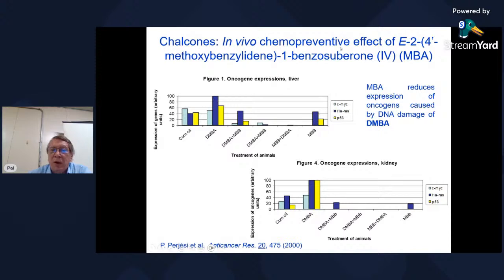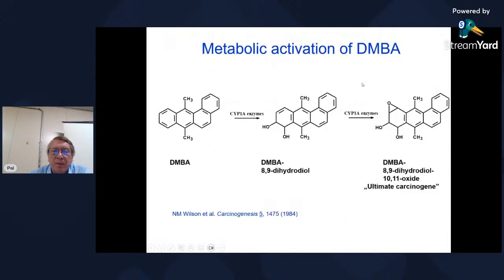Accordingly, our compound reduced the expression of the oncogenes caused by the DNA damage of the dimethylbenzanthracene. That's a new feature of our compounds, and we tried to understand what could be the molecular mechanisms of inhibition of the expression of these oncogenes by our cyclic chalcone derivative.